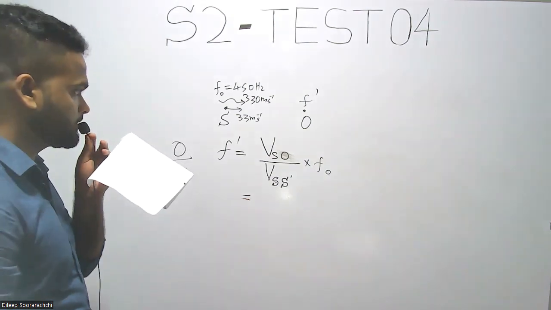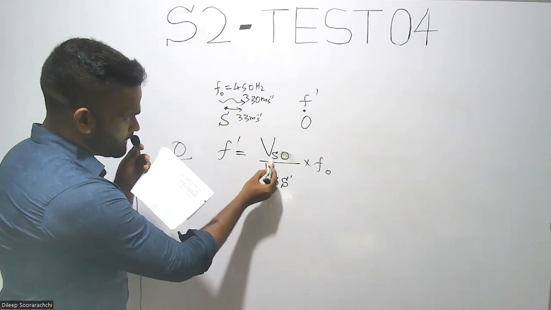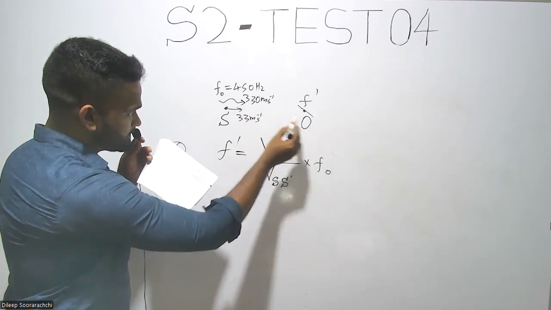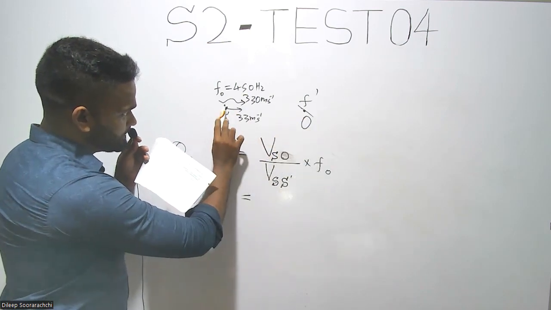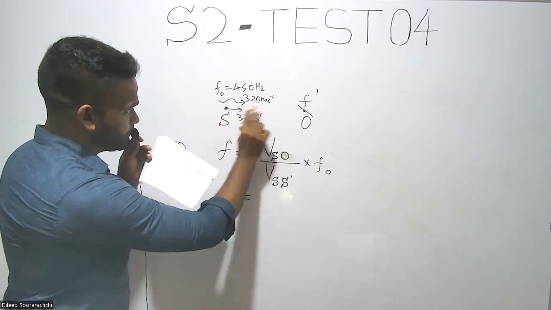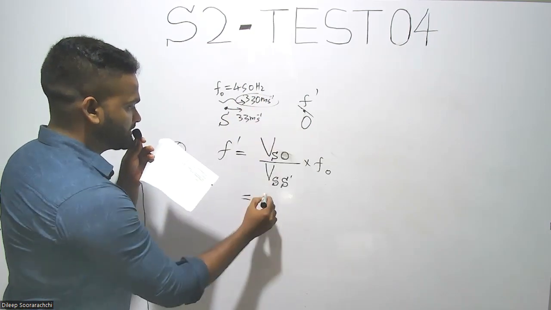This is the velocity of sound relative to observer. Since the observer is at rest, sound is just reaching the observer at 330 meters per second, so the relative velocity between the sound wave and the observer should be 330.